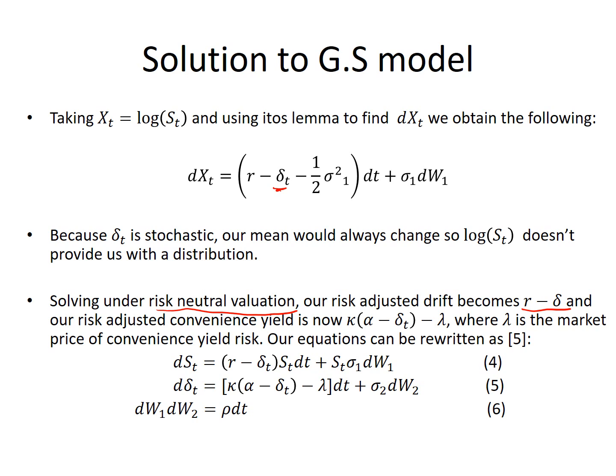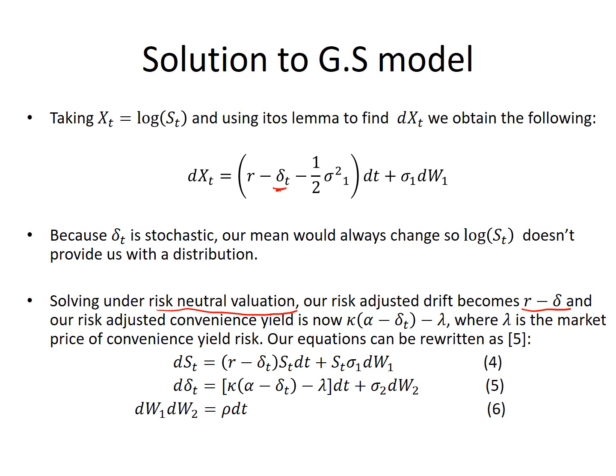Now this lambda is the market price of the convenience yield risk. So it's actually the excess premium that needs to be considered when taking the risk. I think that's what it means. I'm not 100% sure, but I have a vague idea of what it means.